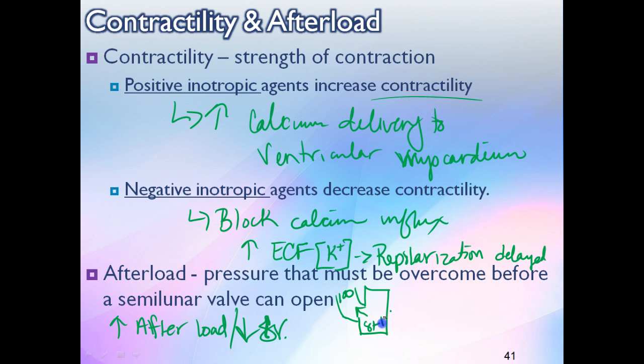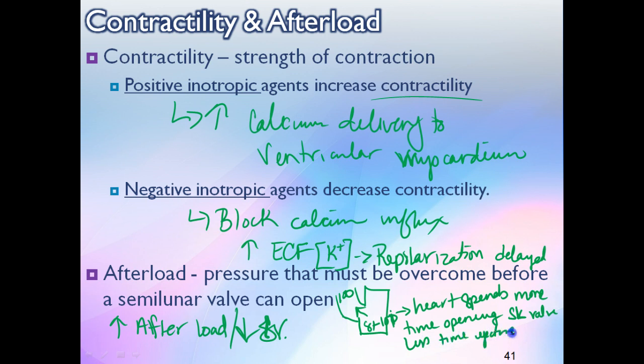No, now you've got to get to 101 to open that valve, which means your heart spends more time getting the valve open, less time ejecting blood. This is why afterload has a negative impact on stroke volume.